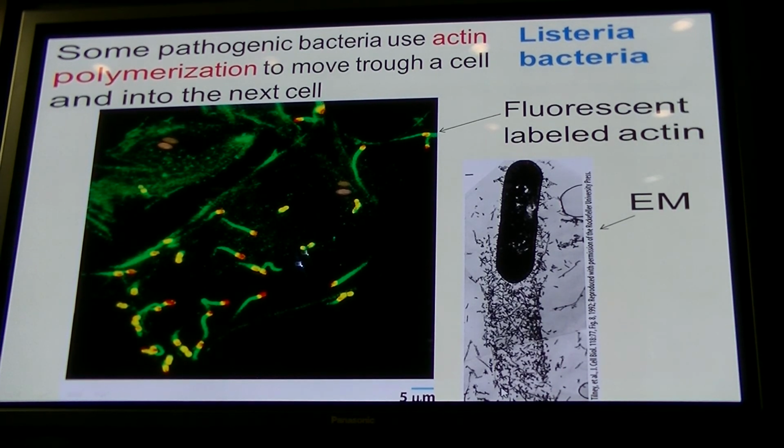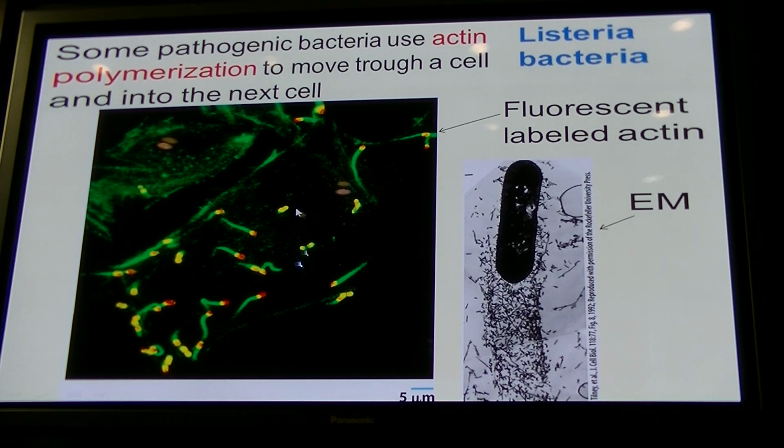Now some bacteria, I'm going to end here, some bacteria have learned to misuse this, and Listeria is one of them. And we can see here a Listeria bacterium, and it's actually recruiting the actin to polymerize behind it, making for a tail of actin that pushes this bacteria through the cell.